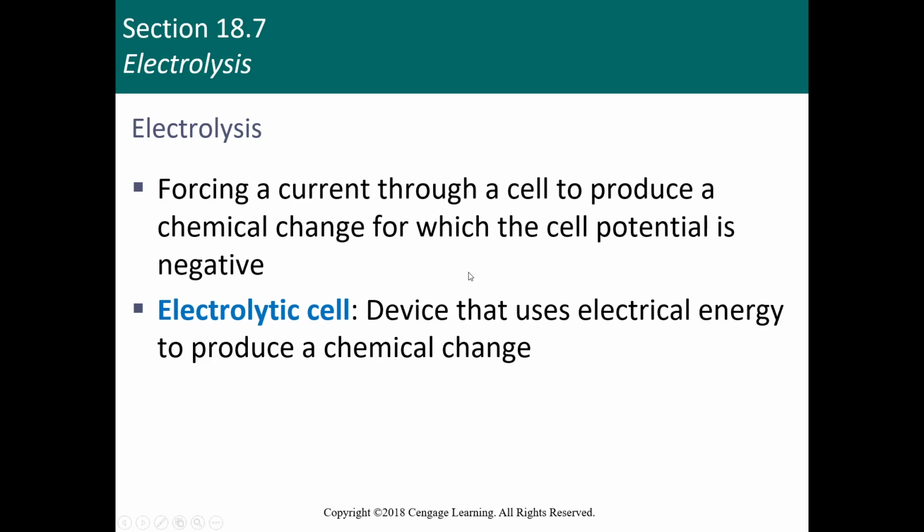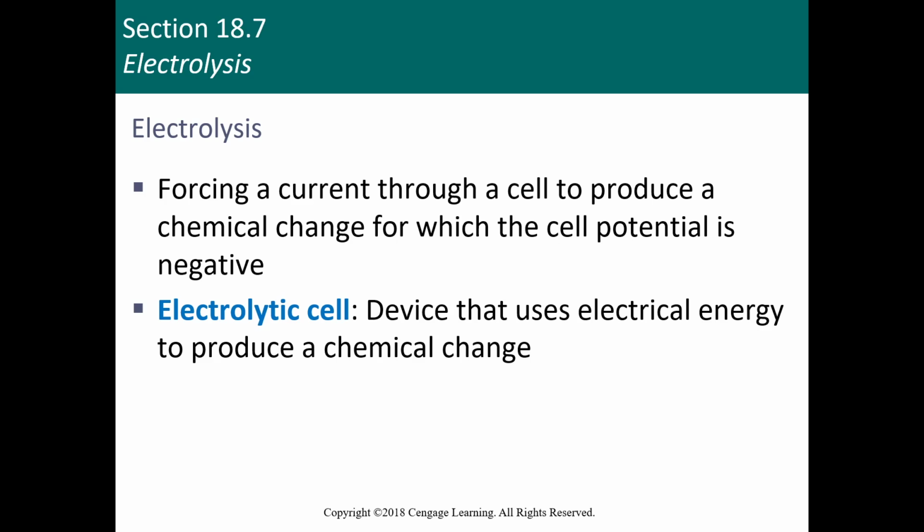So, electrolysis is forcing a current through a cell to produce a chemical change for which the cell potential is negative. So you're going to move the reaction in the non-spontaneous direction, against what would be spontaneous, so that you can either plate out the metal where you want it or produce hydrogen gas.